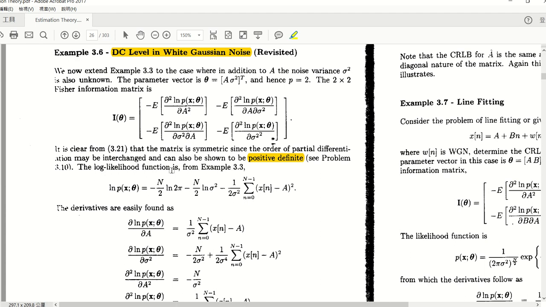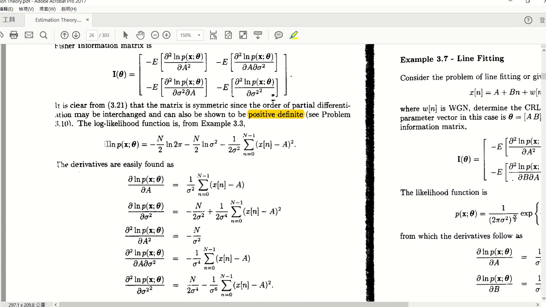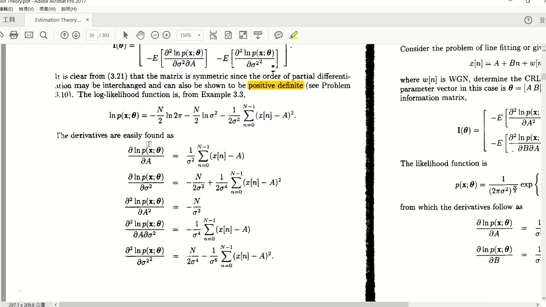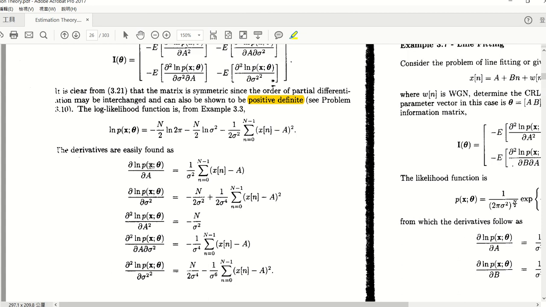Not a big deal. And then you have the log, which is the numerator here, here, here, and here. And then the derivatives are easily found. You take the first order derivative with respect to A, and the first order derivative with respect to sigma square. This is taken for A. This is taken for sigma square.